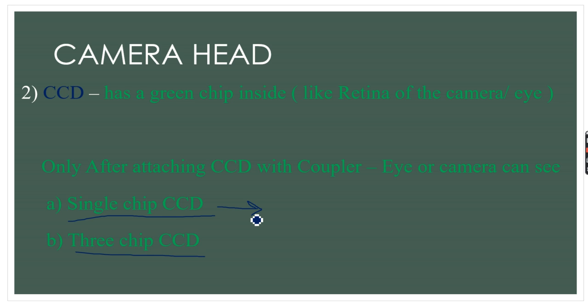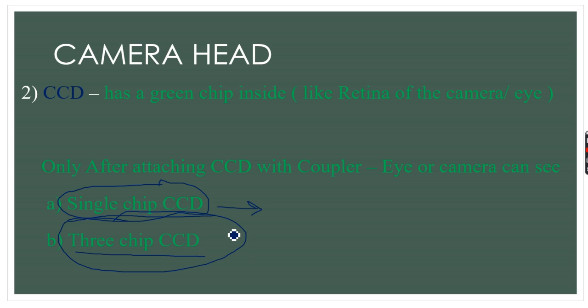But after the availability of the 3-chip CCD or 3-chip camera, the use of the single chip camera is now limited to diagnostic purposes. Why? Because we already have the better option. I am not recommending that you go and buy a single chip camera. Nowadays the best choice is the 3-chip camera.